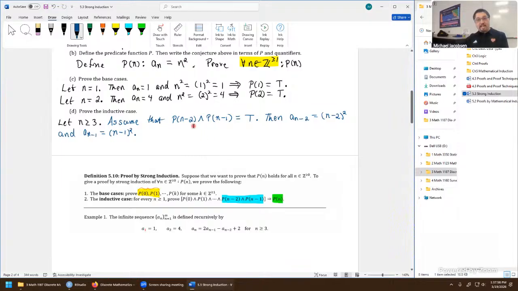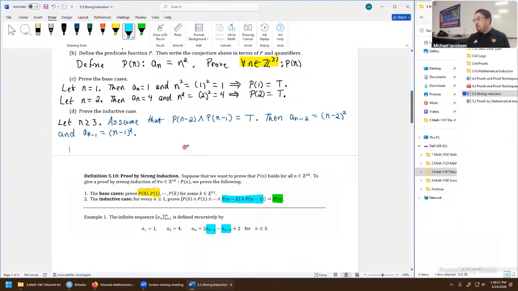We could also say P(n-3), P(n-4), up to P(1), P(0) is true, but we wouldn't actually use that whatsoever in the proof, because once again, we just need to make those 2 assumptions to work on those 2 steps of how a_n is defined in the first place at n greater than or equal to 3.